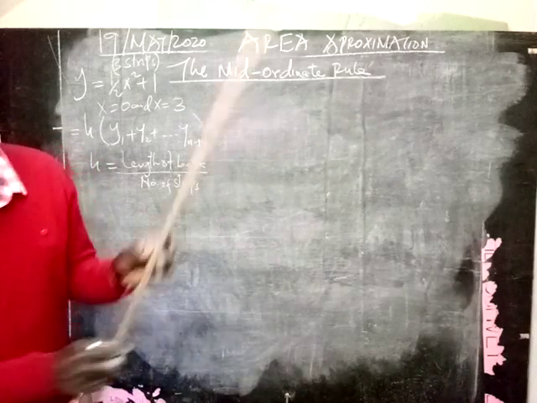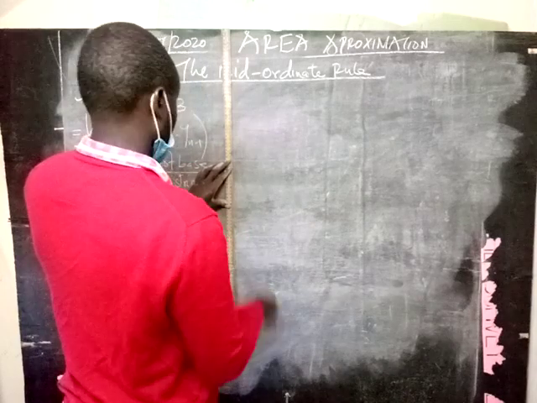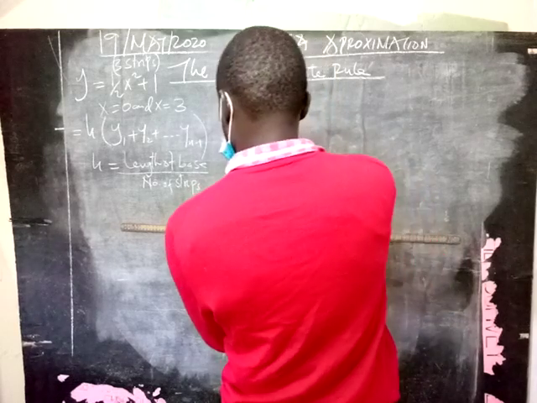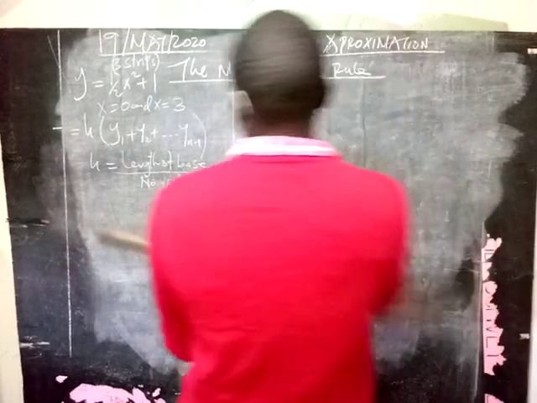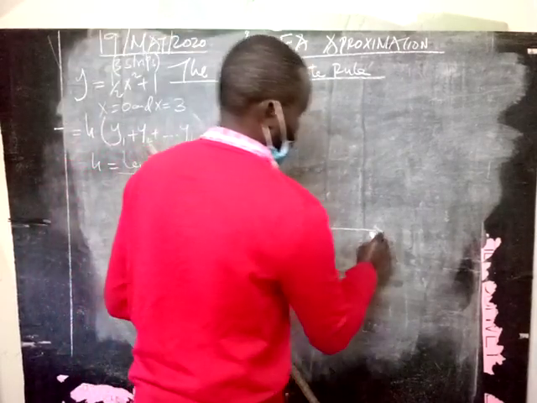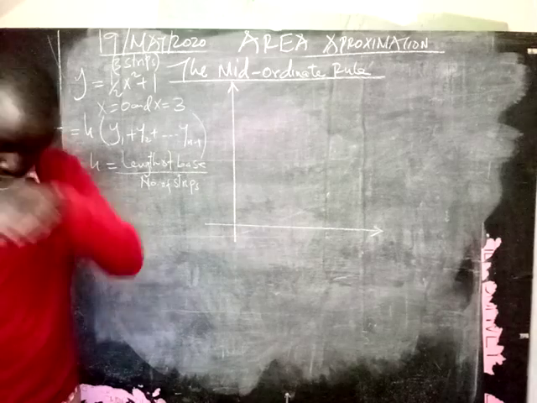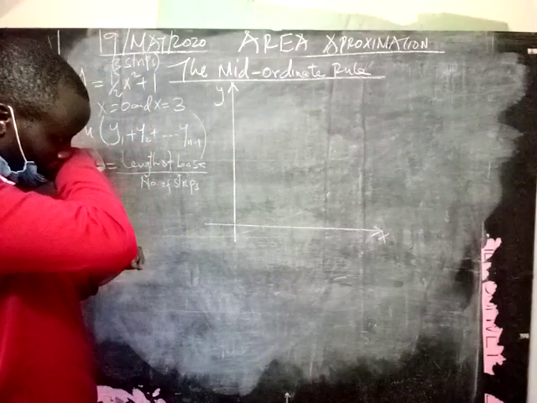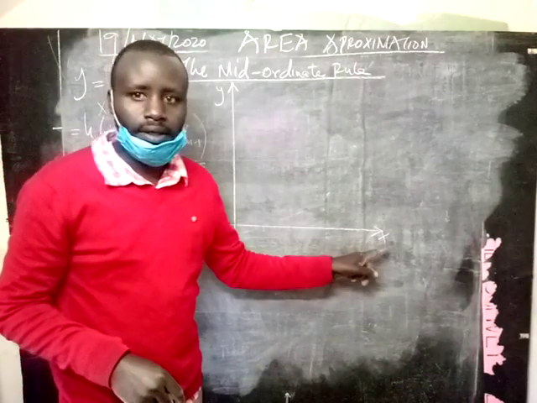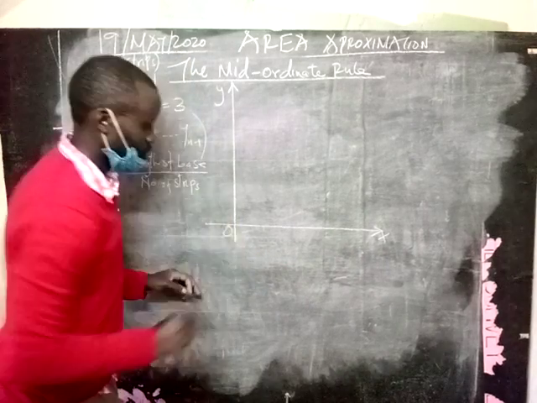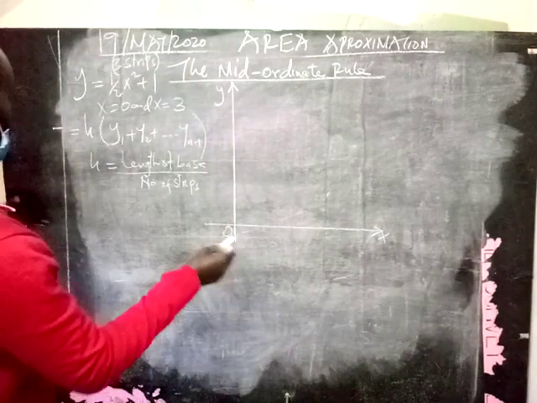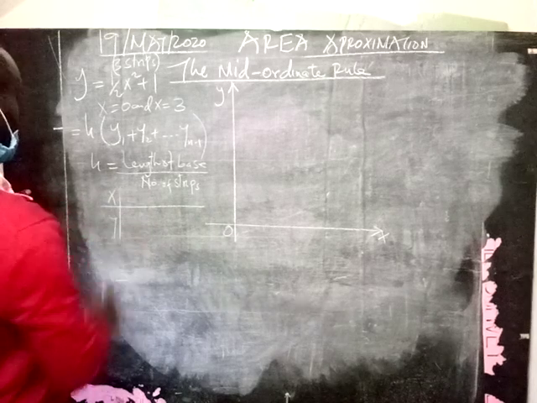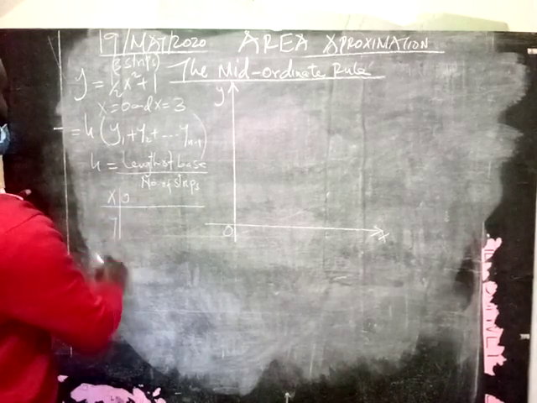So we are going to have a sketch of that. That is our y-axis and x-axis, and here is also our origin, so that we are going to have that table of x and y. When we have x as 0, we'll have y as 1.